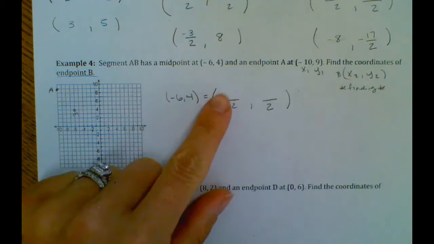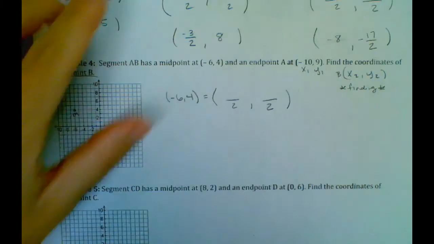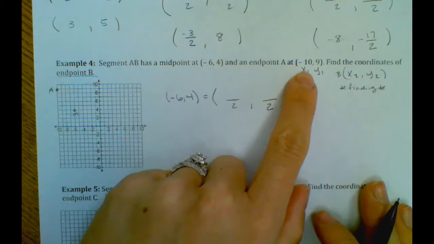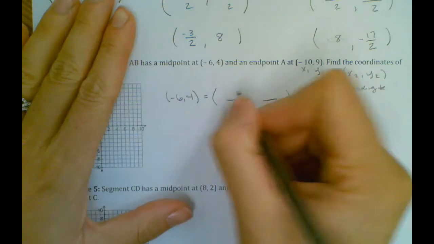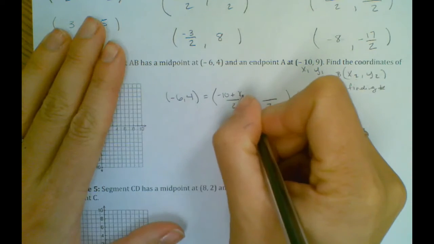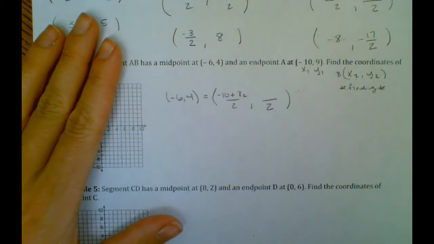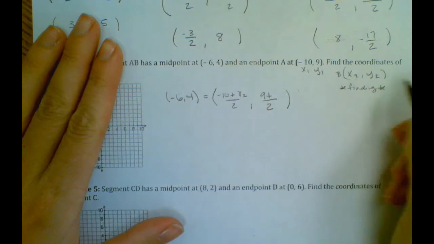Okay, so just like we did above, we'll do x1 plus x2. We'll do x1, negative 10, plus x2, and we'll just leave it as x2. That's totally fine. And then we'll do y1, 9, plus y2.